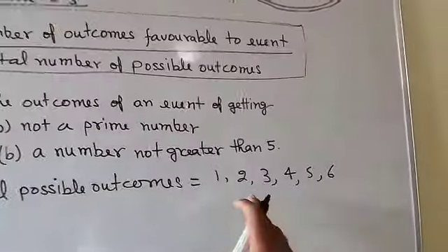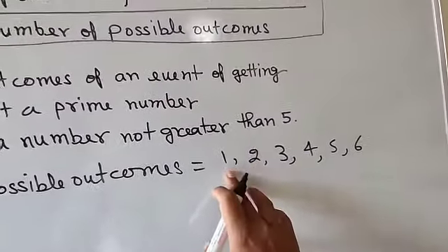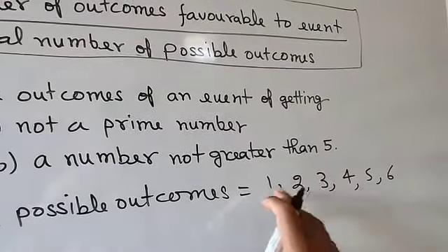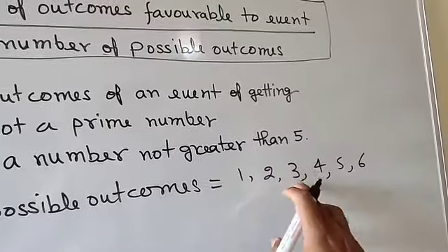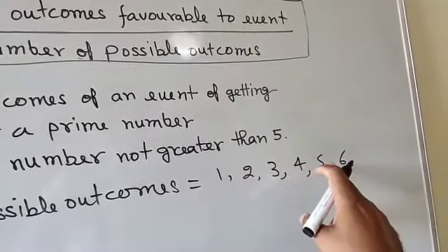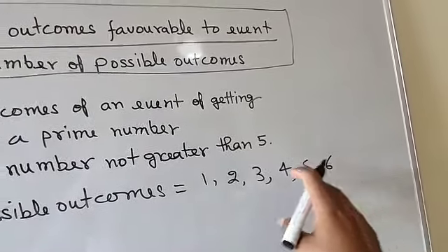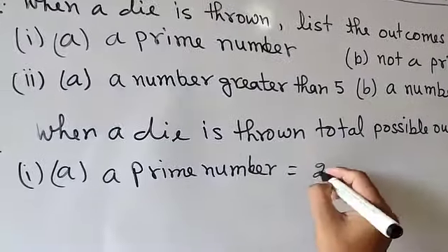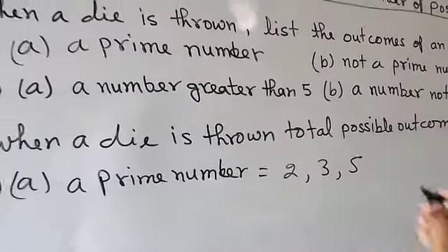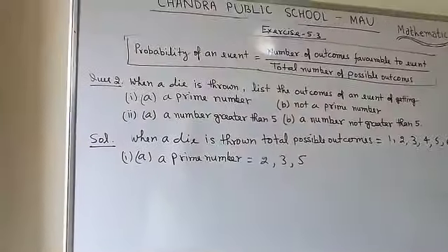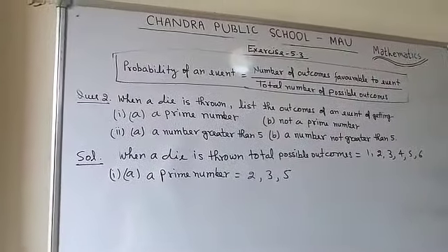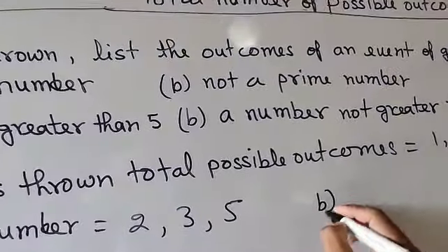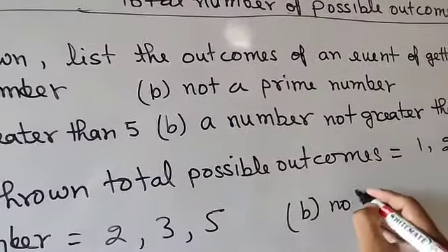What are the prime numbers? 1 is not a prime number; it is taken as neither composite nor prime. 2 is prime, 3 is prime, 4 is not a prime number, 5 is a prime number, 6 is not. It means 2, 3 and 5 are the prime numbers. So to get a prime number, the possibilities are 2, 3 and 5. Now B part: not a prime number.